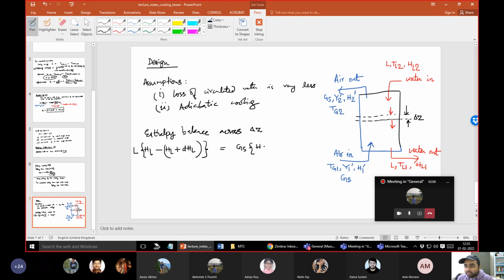Let us write it as G instead of 1 and 2.